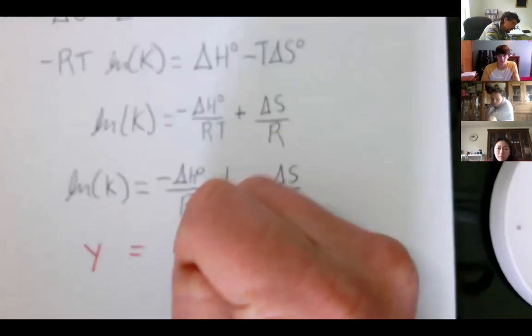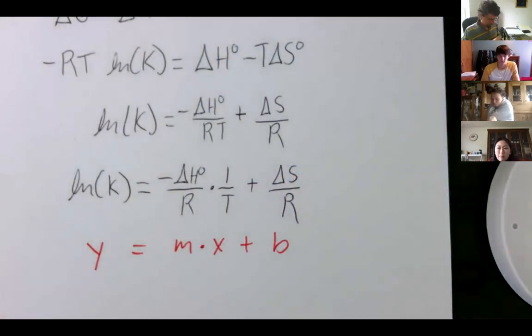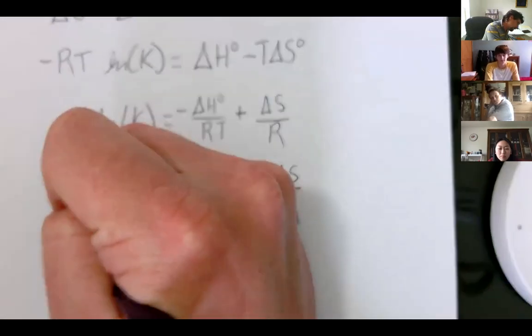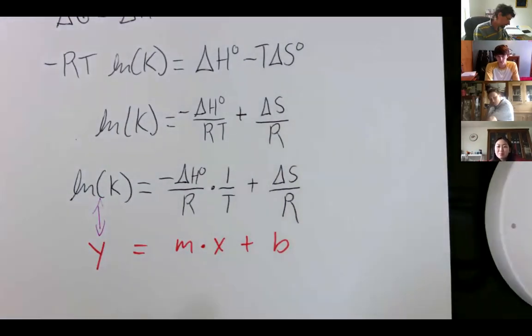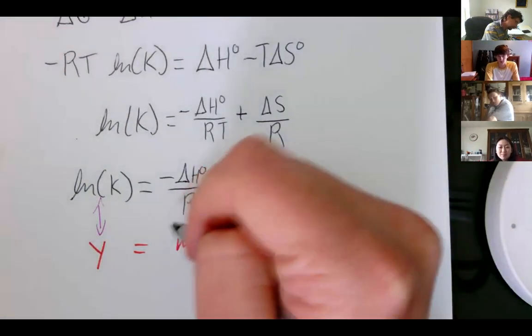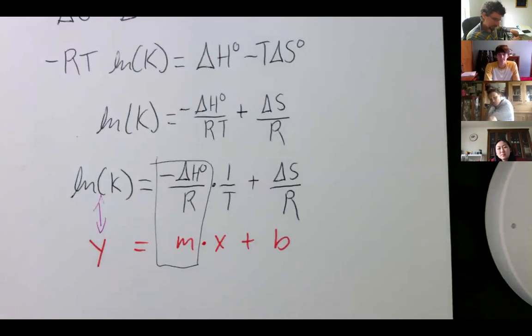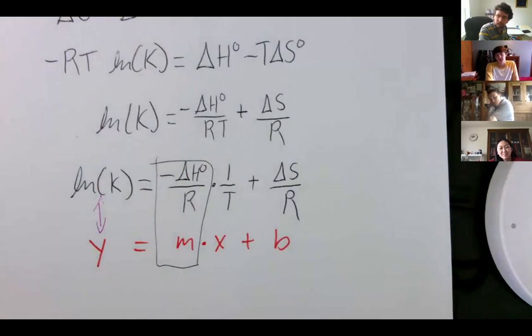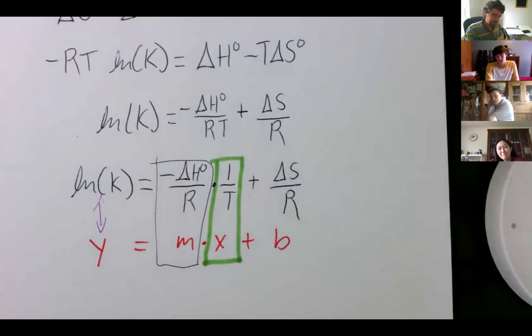Y is equal to mx plus b, right? What's our y again? ln K. Yep. What's our slope? Delta H over R. Our x, 1 over T, and finally our b is just what's left over, right?